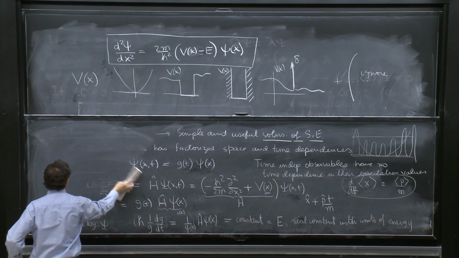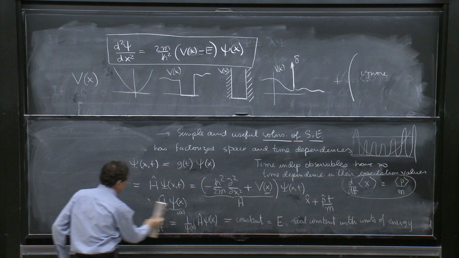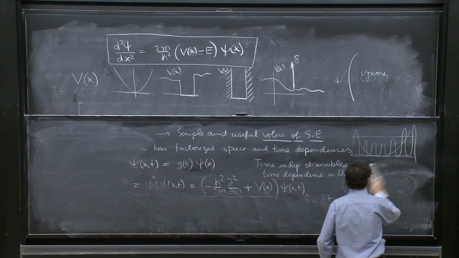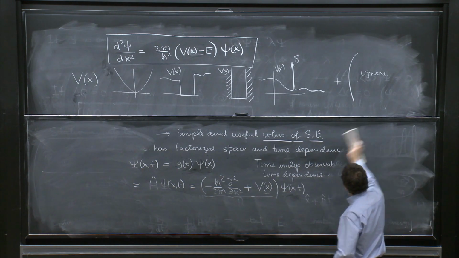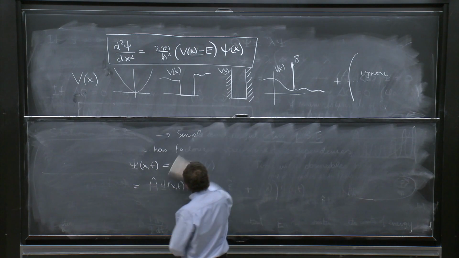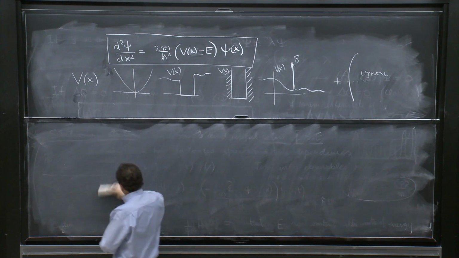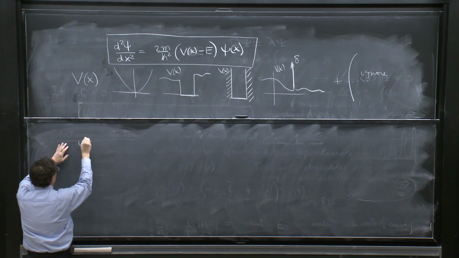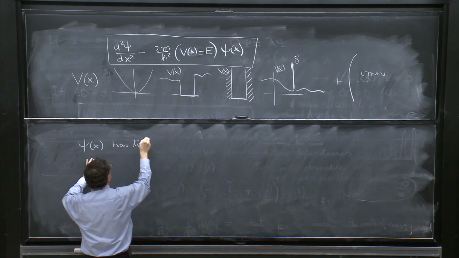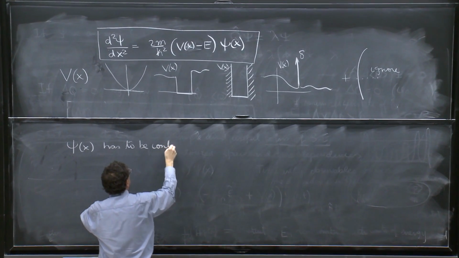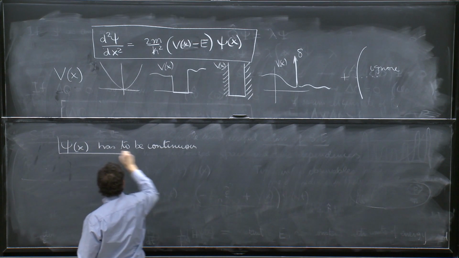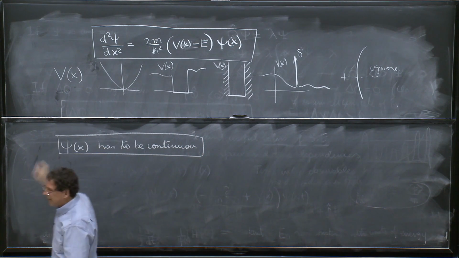So we'll look at these potentials and try to understand how to set up boundary conditions. We're going to worry about basically psi and how it behaves. My first claim is that psi of x has to be continuous. So psi of x cannot jump.